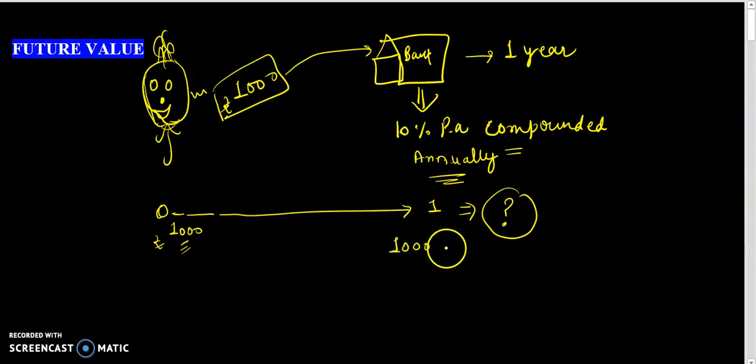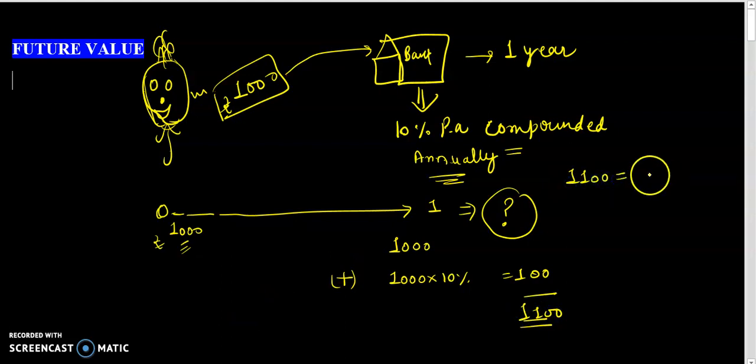Mr. A will get 1000 as his principal amount, plus he will also earn interest on 1000, 10%. The total amount Mr. A will receive at the end of the year is 1100. So we can say that 1100 is the future value of 1000 if the rate of interest is 10%.